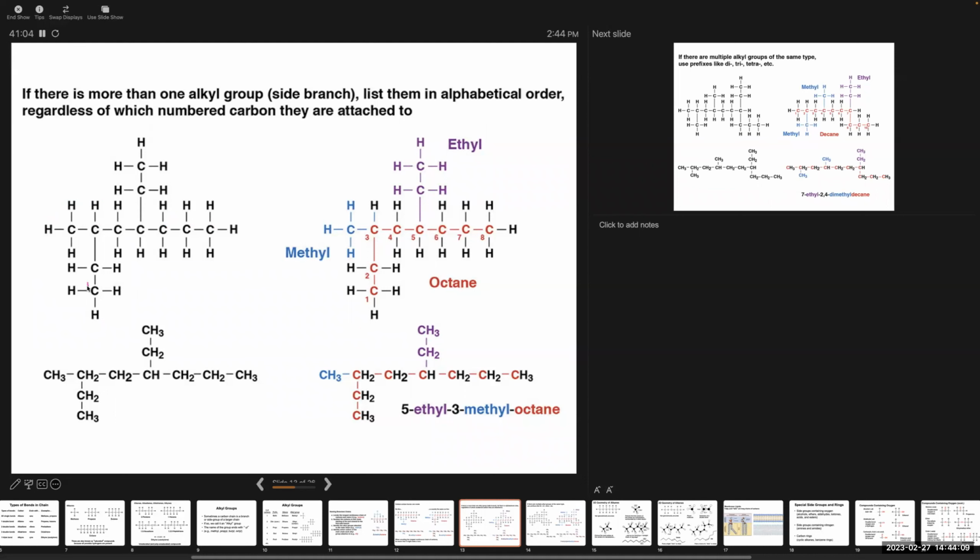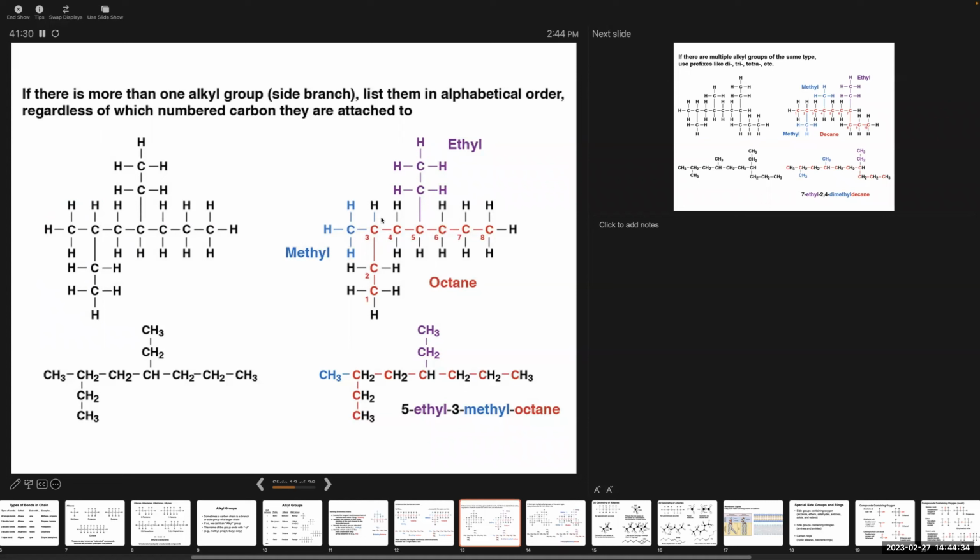So this is my 1 carbon, 2, 3. All right, I'm going to give up because I can't do this with a mouse. But you can see that I've numbered them over here on the right. So I've got my number 1 carbon, 2, 3, 4, 5, 6, 7, 8. And I started counting down here because it's closest to the first branching point.